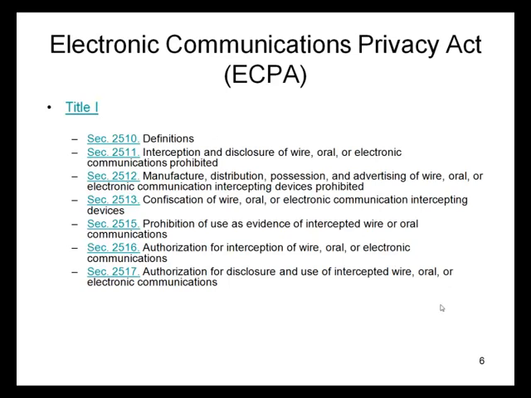One of the most important statutes that IT professionals really have to be familiar with is the Electronic Communications Privacy Act, or ECPA. And it really has a number of different sections, each of which has its own sub-definitions or subdivisions.